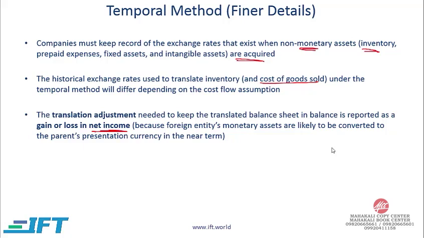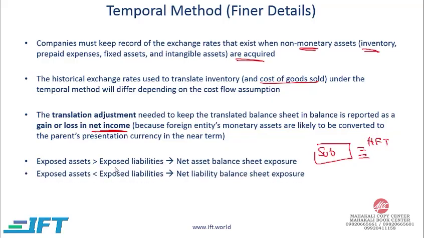If this is the case, then whatever activity is happening related to a foreign subsidiary, even though sales might be happening in the local currency, the local currency will be converted relatively quickly into the functional currency, which is the same as the presentation currency. Since this conversion is likely to happen in the near future, it makes sense to show translation gains and losses in the income statement. Very roughly speaking, this would be analogous to held for trading securities.